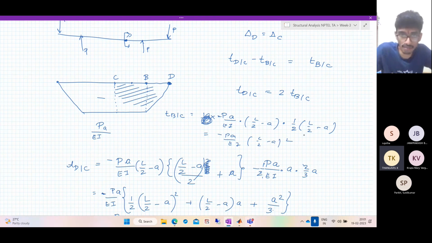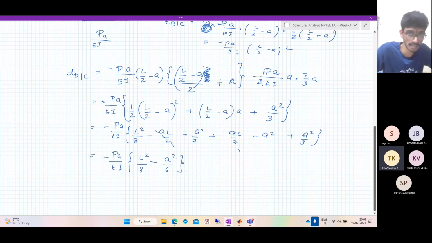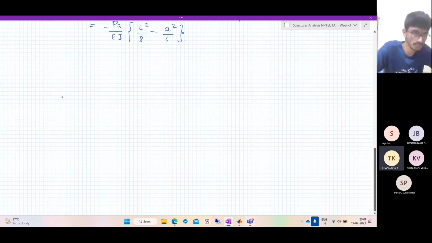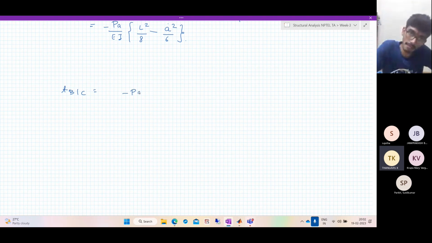So TB with respect to C is minus PA by EI into L by 2 minus A the whole square.